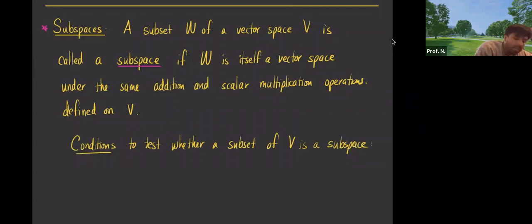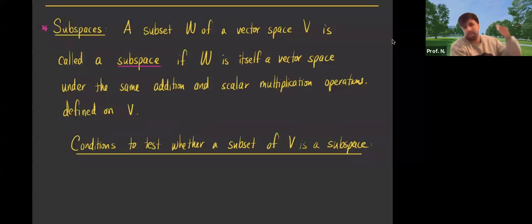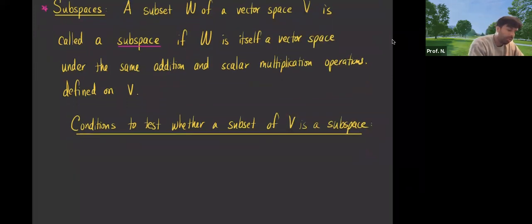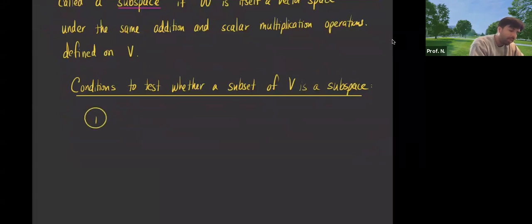Now, the good thing about the conditions is that we don't have to go through all 10 axioms. So once we know V is a vector space, then we only have to check 3 things. So the first thing is we have to check whether or not it's empty. And the best way to check that is if 0 is in it. So 0 must be in it. So the first thing we check is whether 0 is in the subspace W.